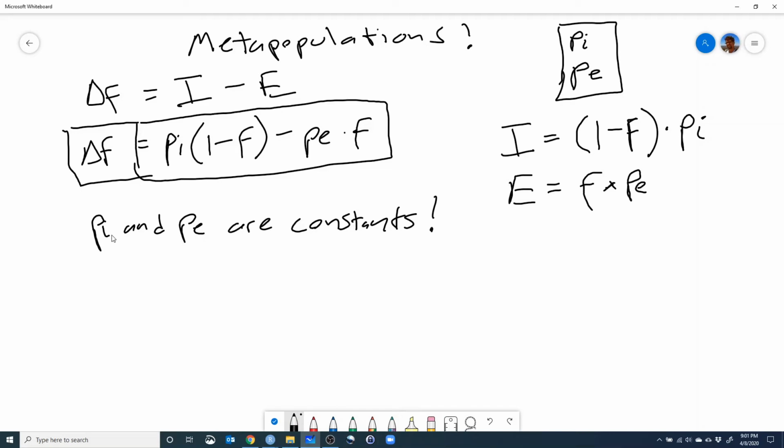That is, there's still some probability that a patch becomes colonized, even if there's absolutely no patches occupied. That means that the source of immigrants has to be from somewhere else. And so what this model actually is called, this is the island mainland model.